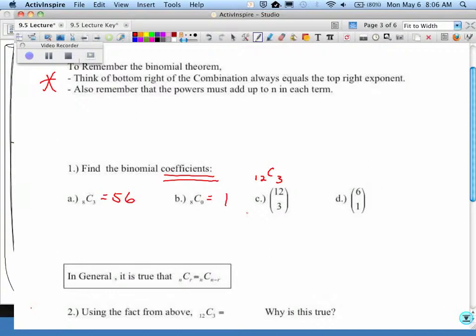These are the missing numbers in the expansion. You can use Pascal's triangle to get those missing numbers, or you can use combination. What's 12C3? 220? And 6C1? 6. Yes, we will, always do combination.